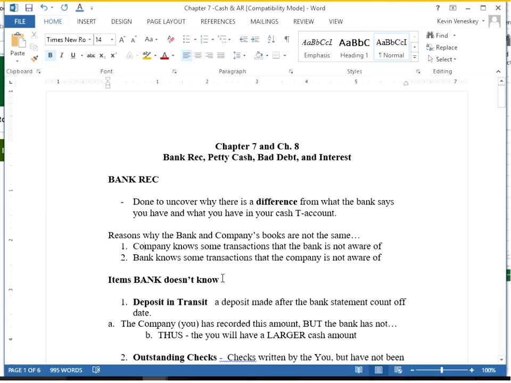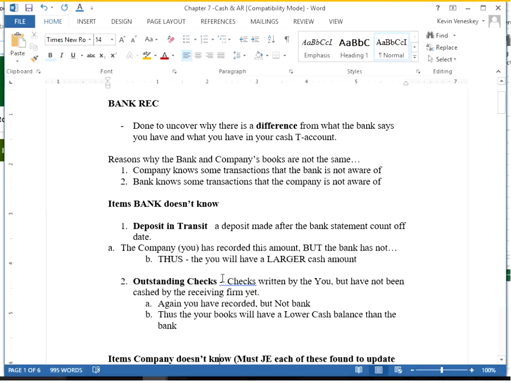So let's look at the first one here, the two main items that the bank doesn't know about, but we do. The first one is called a deposit in transit. This is a typical accounting or business term that you should know after coming out of a class like this.